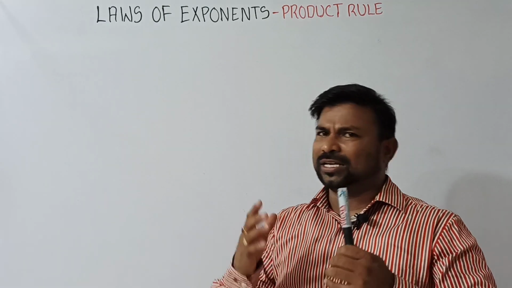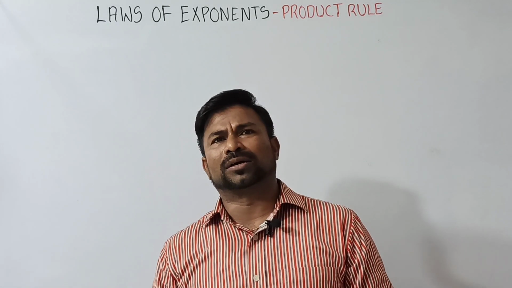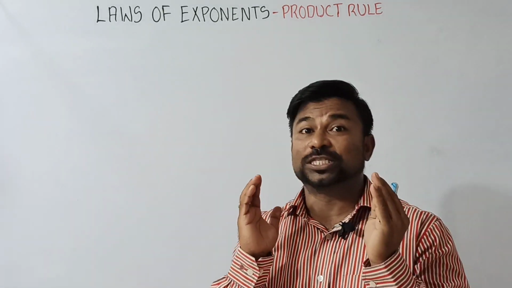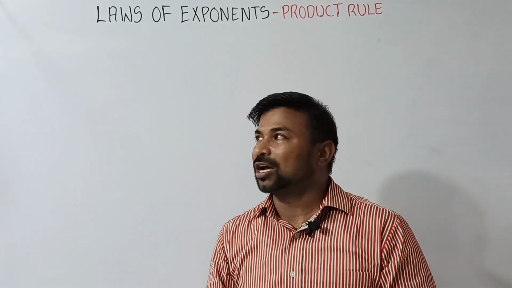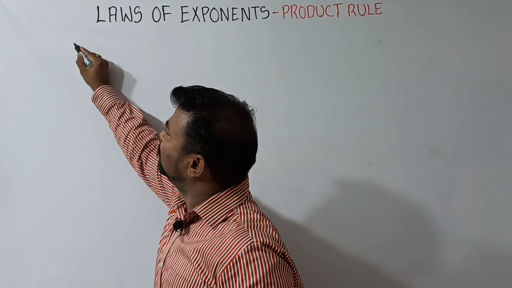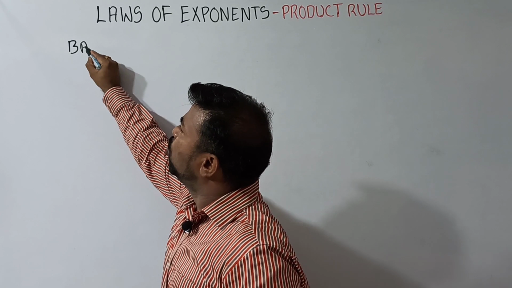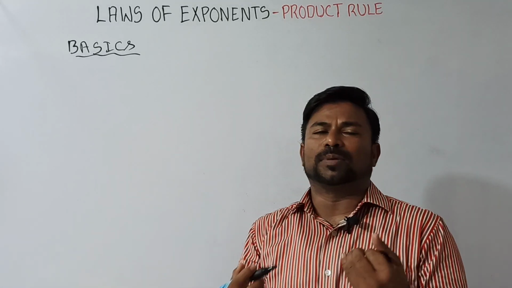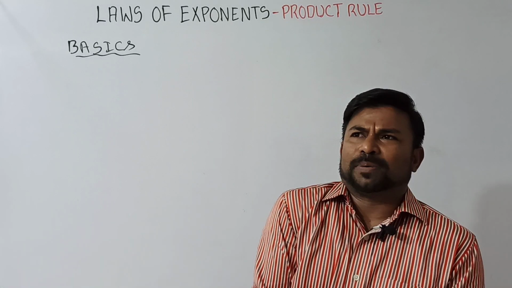Before getting into the product rule and the actual topic, let me revise the small basics which are needed for you to get into the concept. That is, what is the base and what is the power.